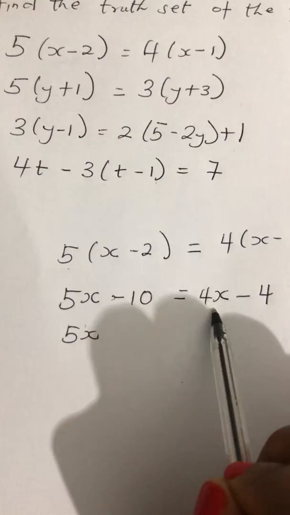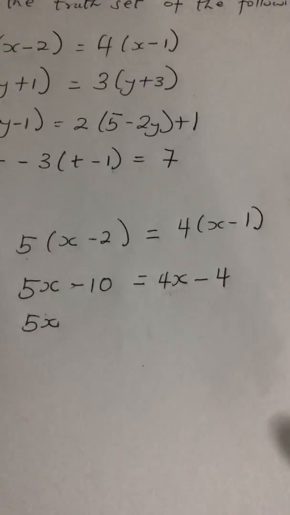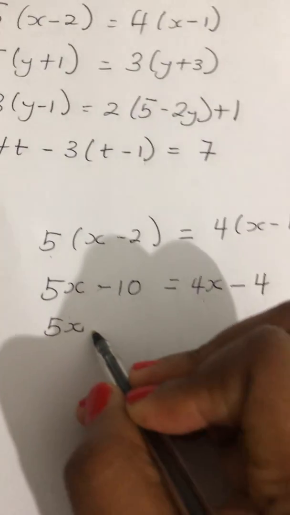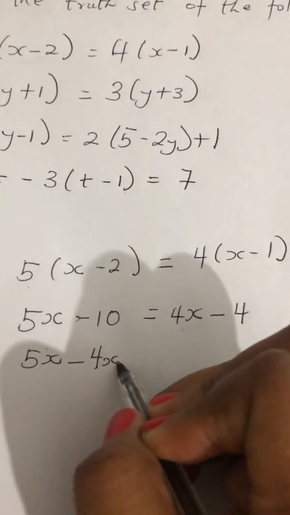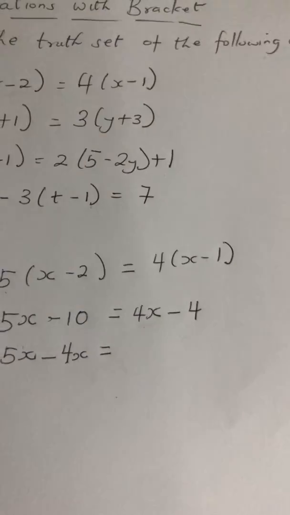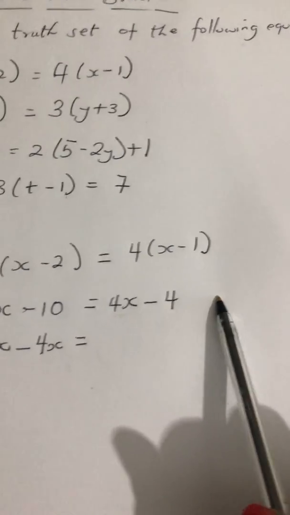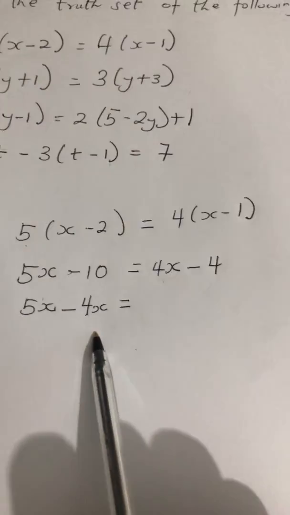Now this positive 4 is crossing the equal to sign here, so it becomes a minus 4x. Then you bring your equal to, because you don't have any variable and coefficient here. If we had, say, plus 5x here, we would have also crossed it to join it here.